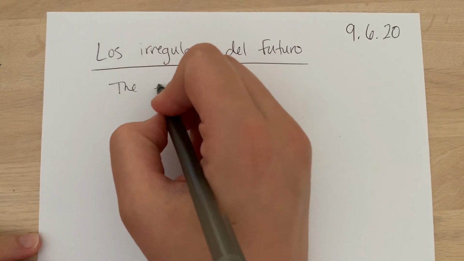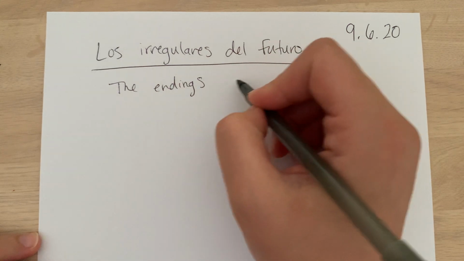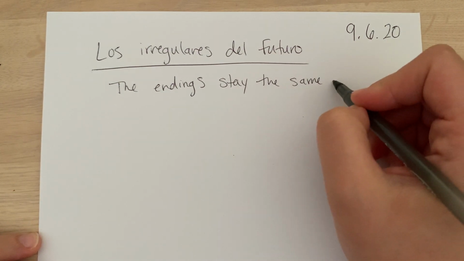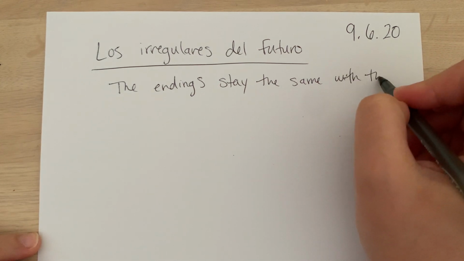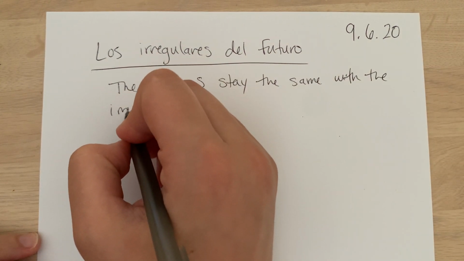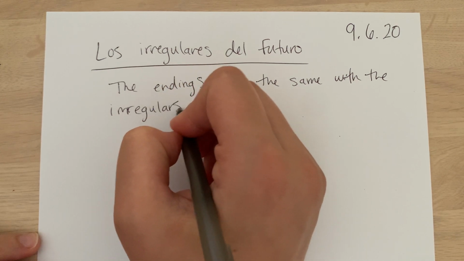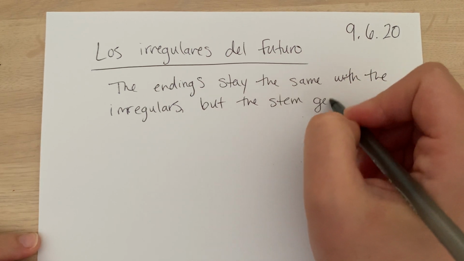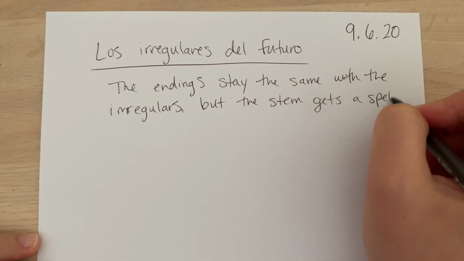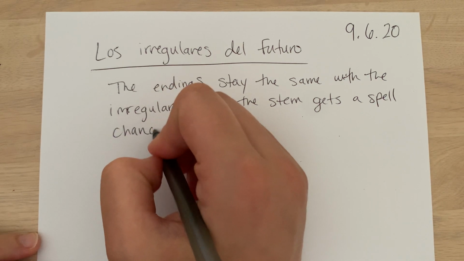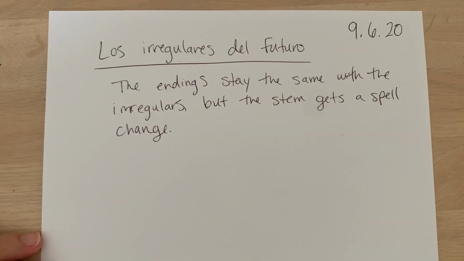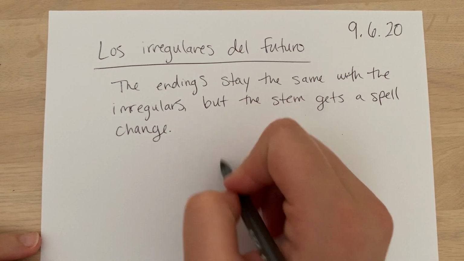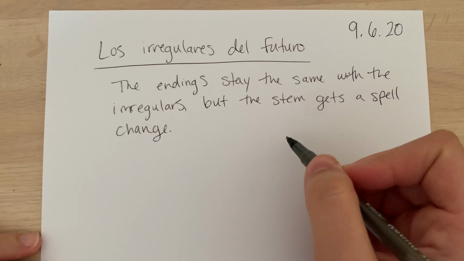So the endings stay the same with the irregulars. But the stem gets a spelling change. Okay, so you're gonna still have the same endings: é, ás, á, emos, éis, án, with the accent marks.